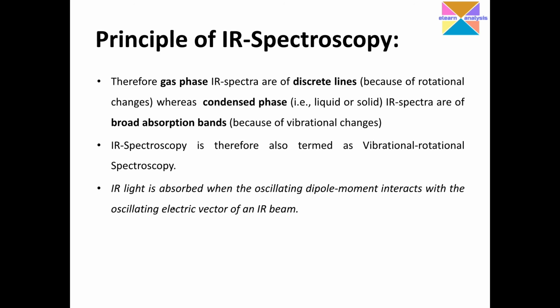As I mentioned in the very first discussion, the electromagnetic spectrum is the alternating force field of electric and magnetic force fields, and this IR radiation is also an electromagnetic radiation. The electric vector of this incoming electromagnetic radiation will interact with this oscillating dipole moment, and that's how they couple. And that coupling of these two, we call the absorption of electromagnetic radiation, that is, IR radiation.